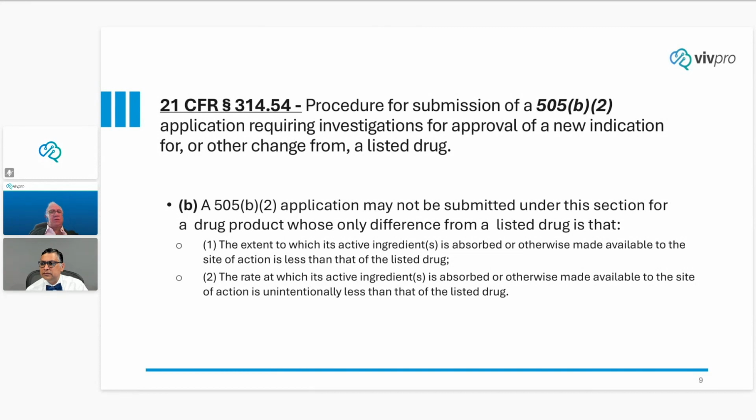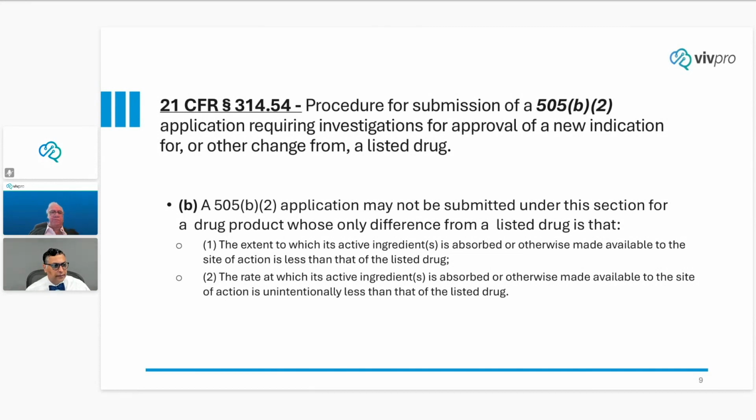But in that case you don't need to do a full scale NDA. You can use the 505(b)(2) route to get your product approved, and many times they can show that the two salt forms of the active ingredient in the formulation that they use result in bioequivalent plasma levels. In that case they can petition and get the AB rating.